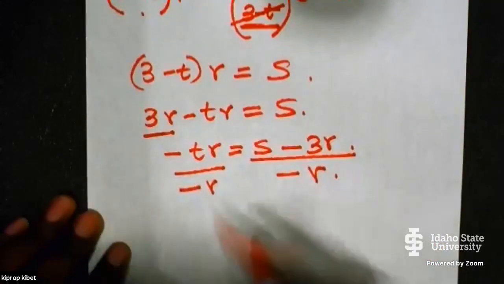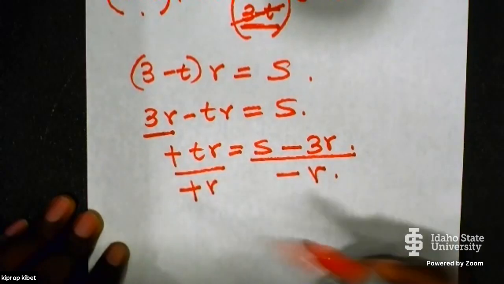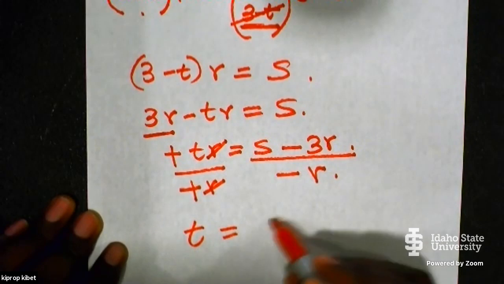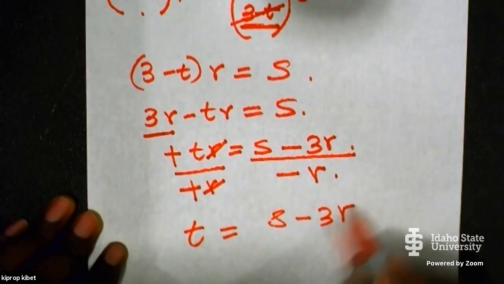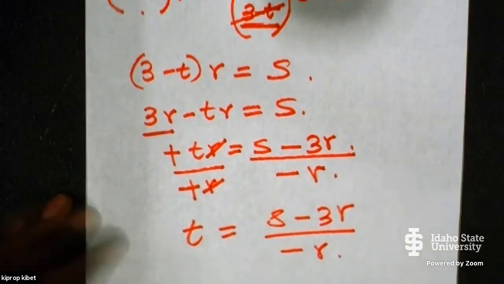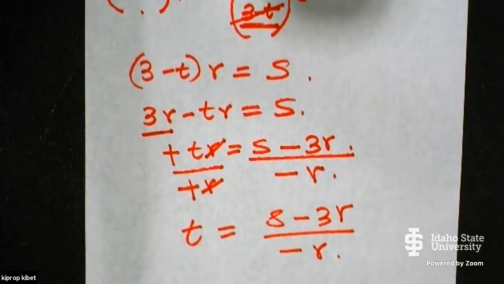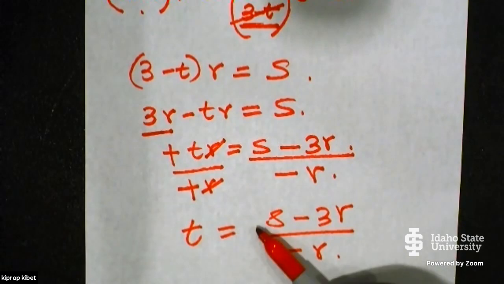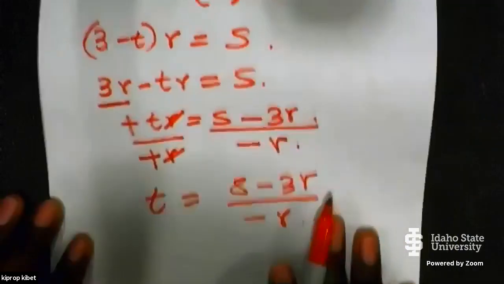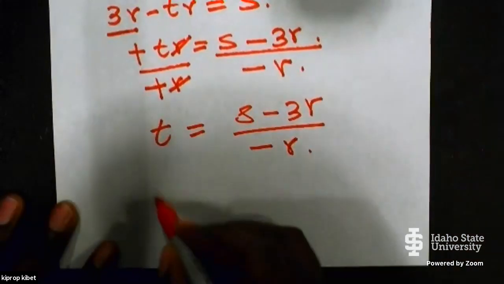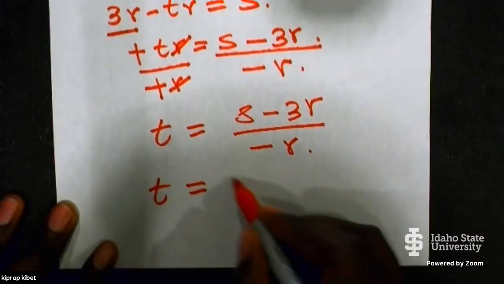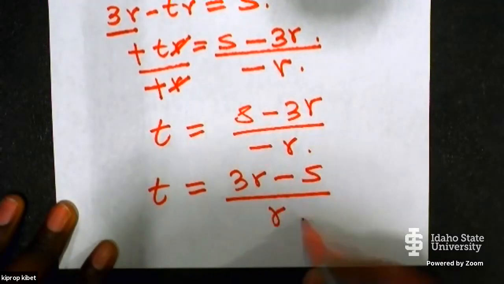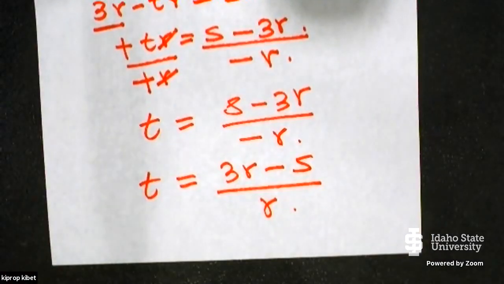So finally, this will cancel with that and become positive. So t equals s minus 3r all over negative r. So we can simplify that again. Because of this negative, you can operate it at the top here. So finally, t equals 3r minus s all over r. Okay?